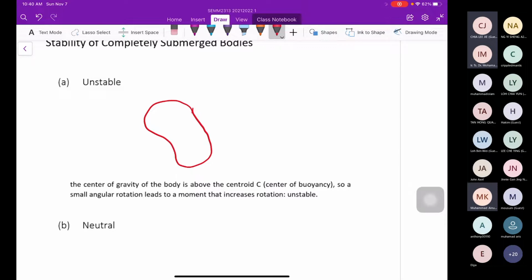This shape has the center of gravity, which is this way. This is G. Of course, the weight should act at the center of gravity.